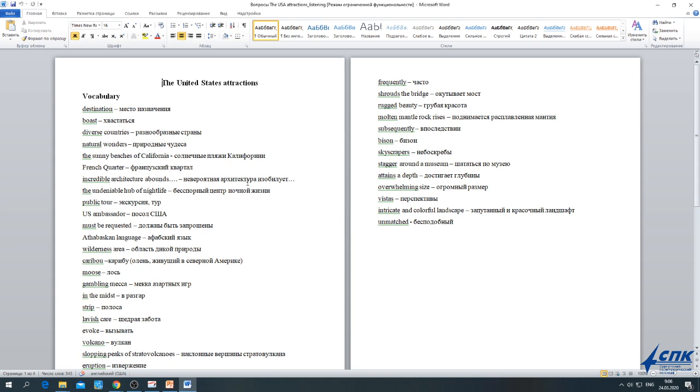Incredible architecture abounds. The undeniable hub of nightlife. Public tour. US ambassador. Must be requested.